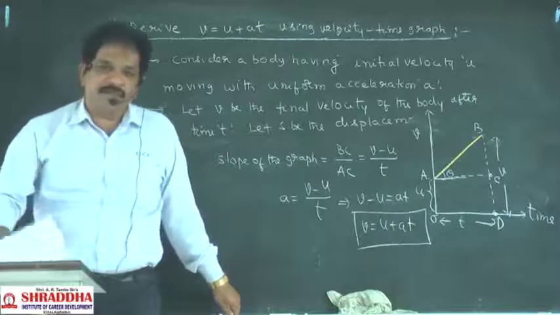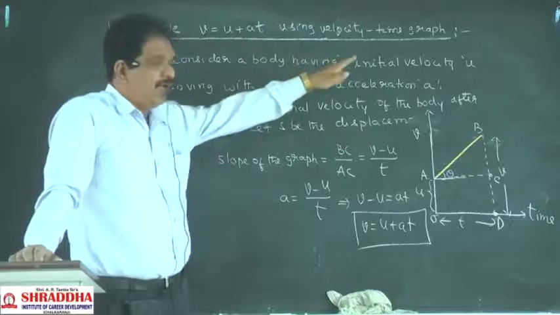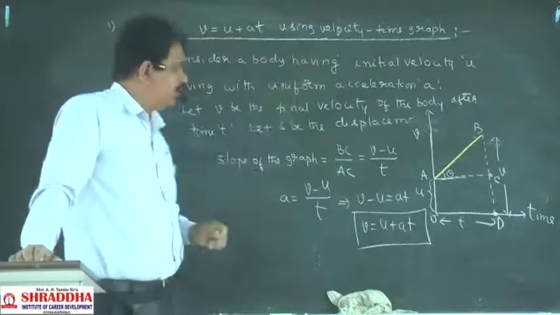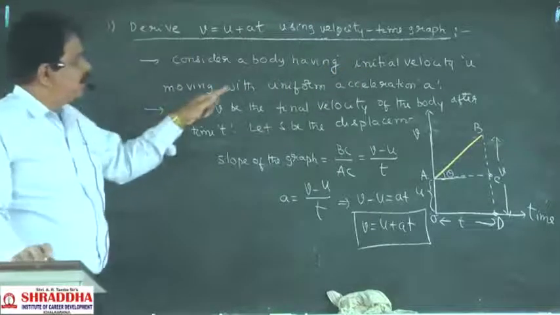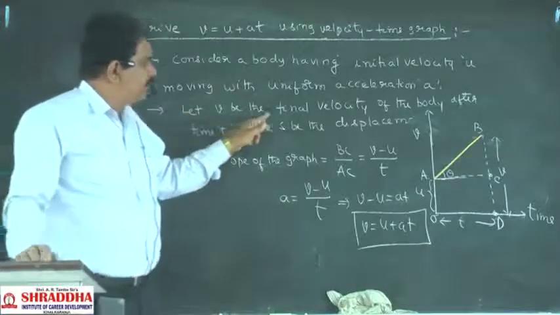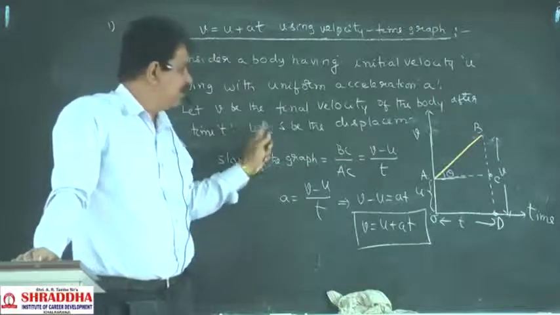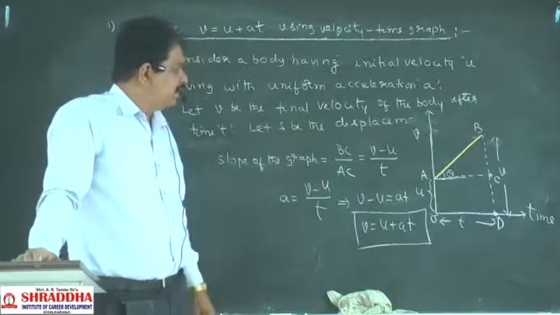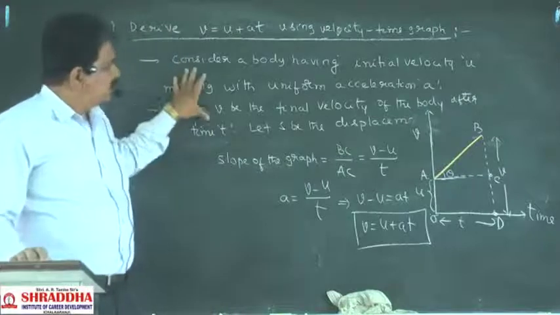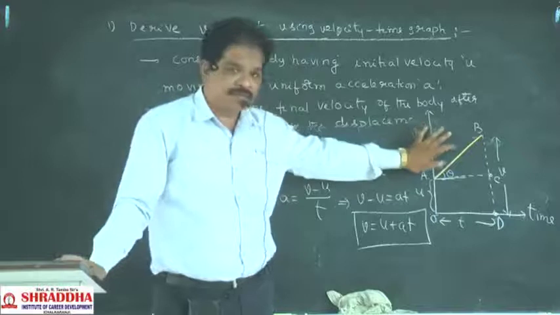Once again listen to what I am saying. We considered a body having initial velocity U and moving with uniform acceleration A. Let V be the final velocity of the body after time T. Let S be the displacement. In this case, the graph shape will be like this.